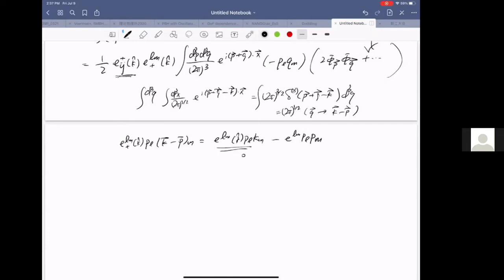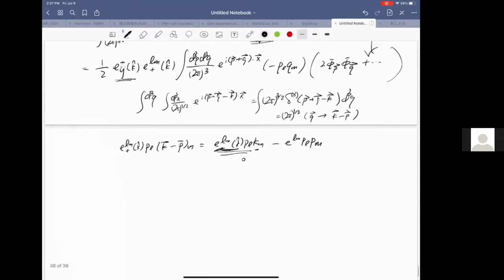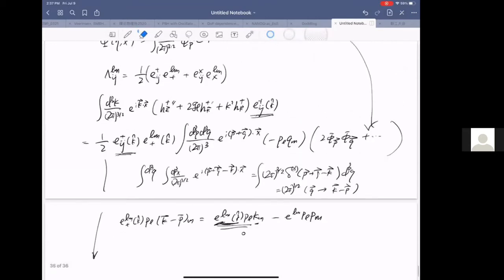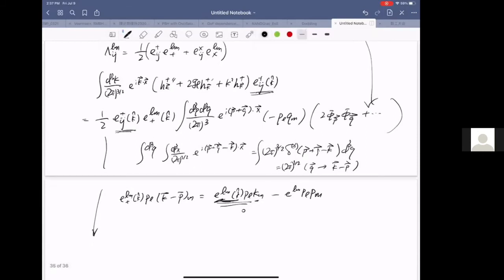So this is 0, right? Because this is a kind of a transverse tensor. So it times k_m, so it goes to 0, right? So we only have the second term. And this cancels this minus sign here. So we have... sorry. Now I should write down the left hand side.